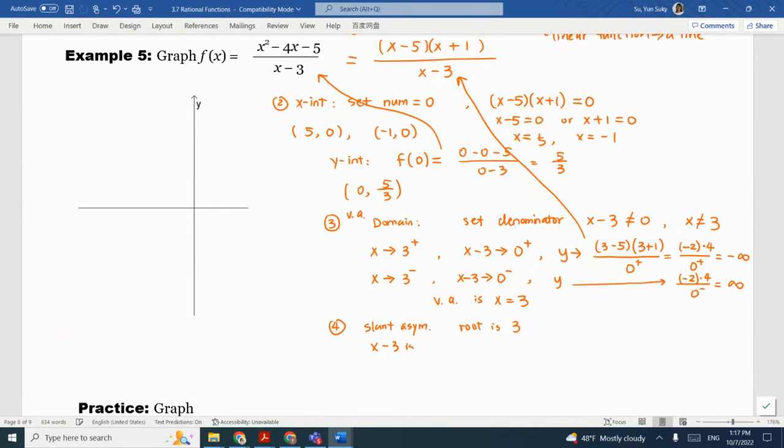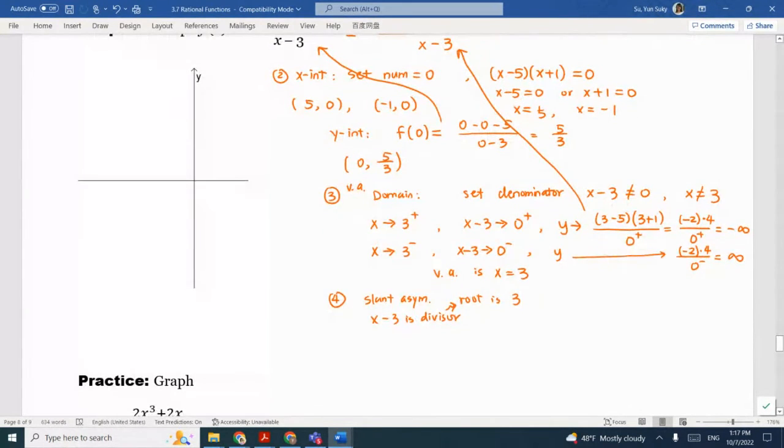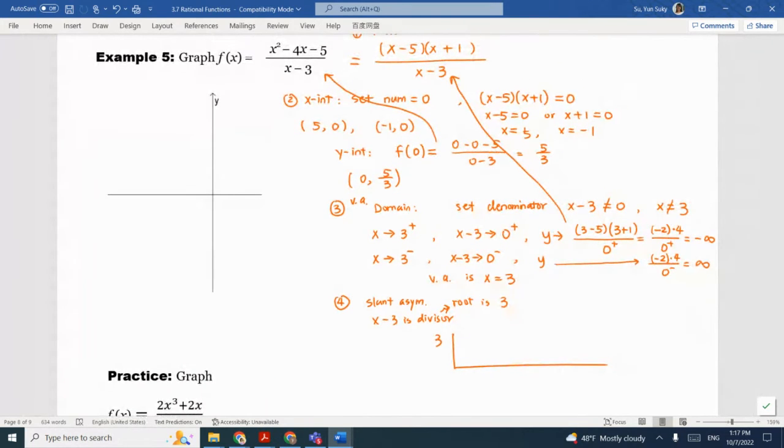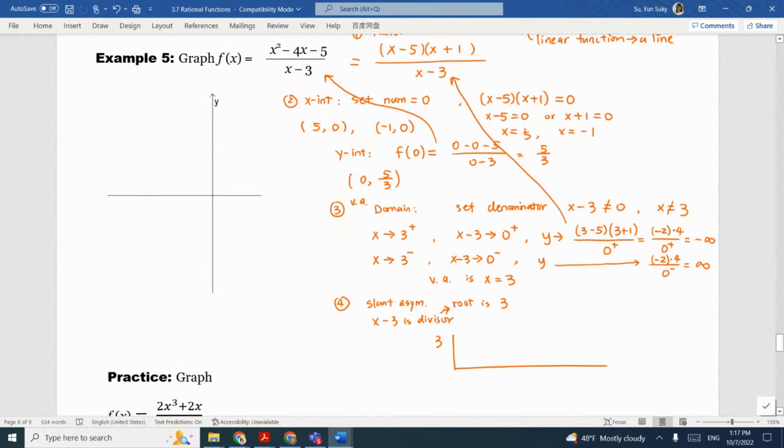If you use synthetic division, we have the root of 3, and we use x squared minus 4x minus 5. So x squared has coefficient 1, then minus 4x, so negative 4, and negative 5. Yes, everybody?